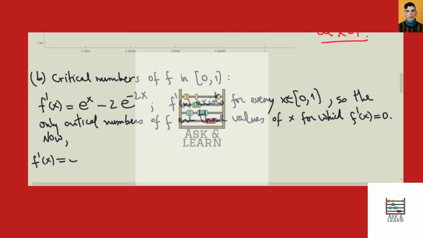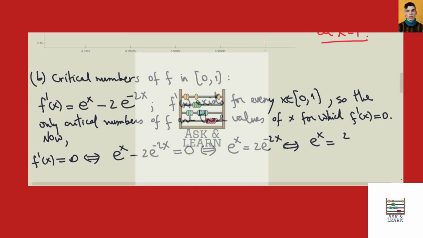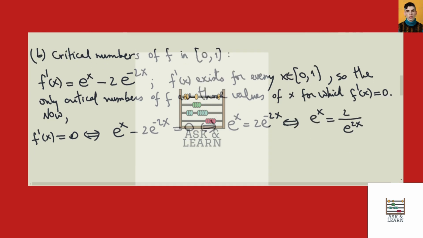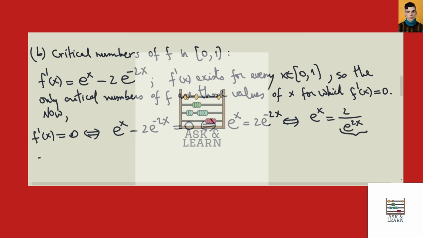So that derivative equals 0 is equivalent to e^x minus 2e^(-2x) equals 0, and that's equivalent to e^x equal to 2e^(-2x), which is equivalent to e^x equal to 2 over e^(2x). We move this denominator to the left, and that's equivalent to e^(3x) equal to 2, and applying the natural logarithm, taking into account that the natural logarithm is an injective function, we again have equivalence with this equation.